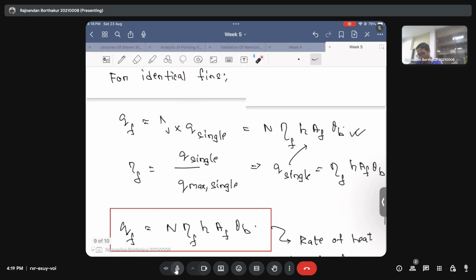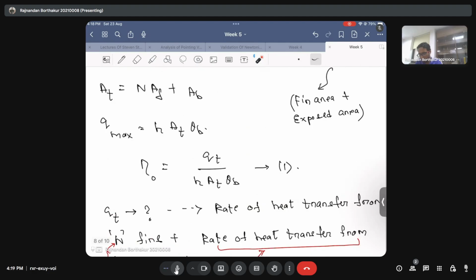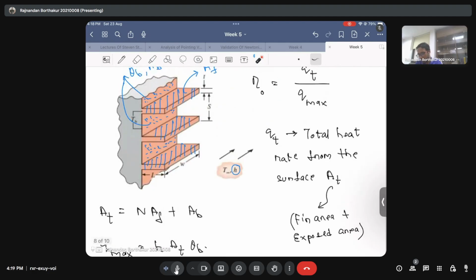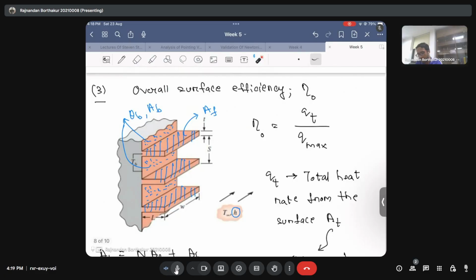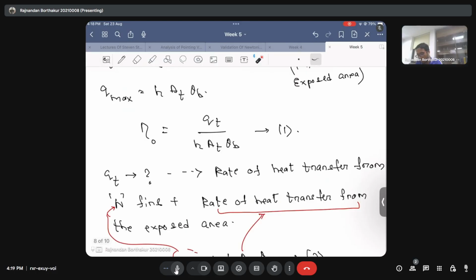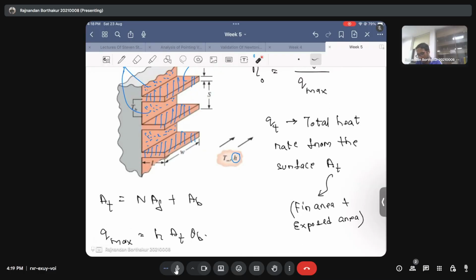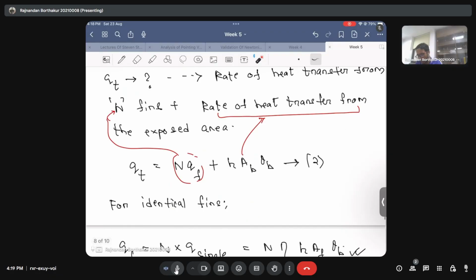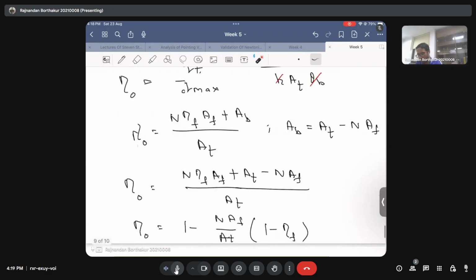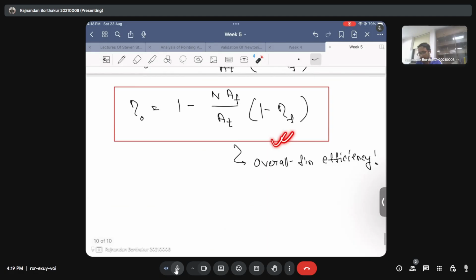For this we just need to know certain things: how do we write the efficiency, how do we write the overall efficiency, what is the maximum heat transfer from the stacked assembly, and how do you calculate Q_t, that is the total heat transfer from the fins and from the bare area. If you have this concept, then you can calculate the overall fin efficiency in this scenario.